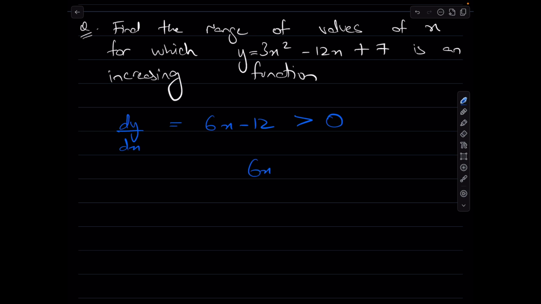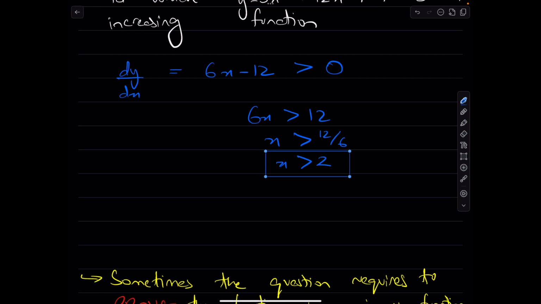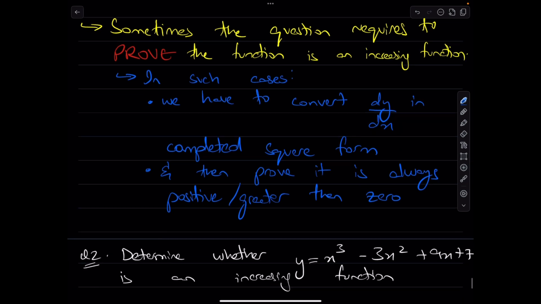Solving this would give us x is greater than 12 over 6, and x is greater than 2. This is the range of values of x for which dy by dx is greater than 0. This is the trick to solve such questions, and this is my answer.